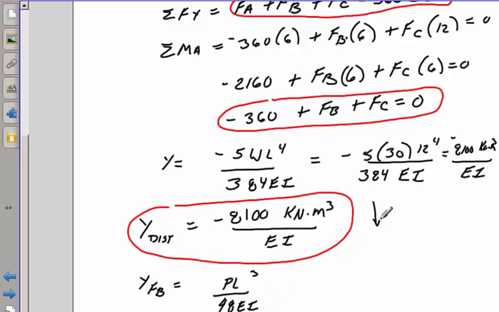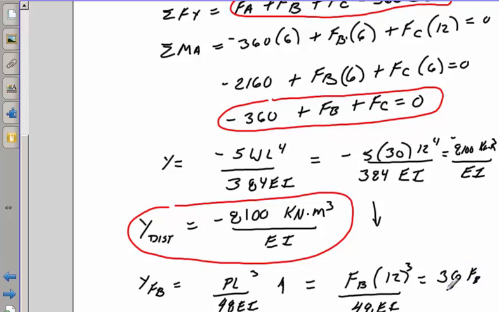Now let's do the arrows. This is going down, this is going to go back up. So we put P as being the force at B times the length, which here will be 12 cubed over 48 EI. That's going to give me a value of 36 F of B over EI. Again, that's going up here.